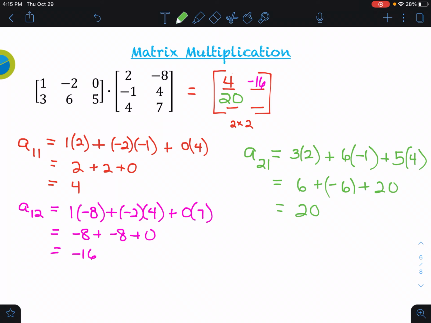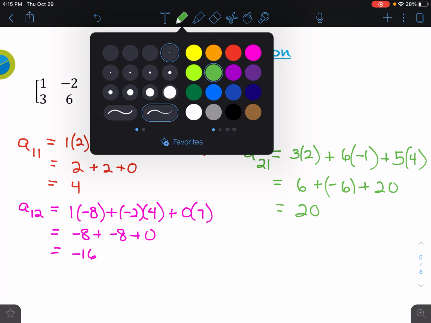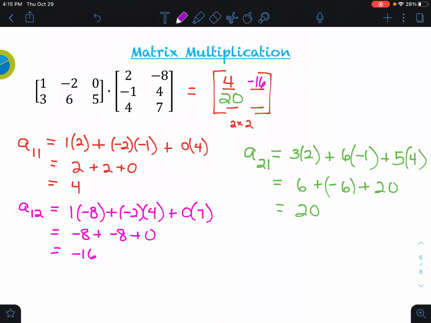All right, and then we got one more entry to fill out. So let's do that one. And this is row 2, column 2, so I'm going to go this times this now. So 3 times negative 8 plus 6 times 4 plus 5 times 7.